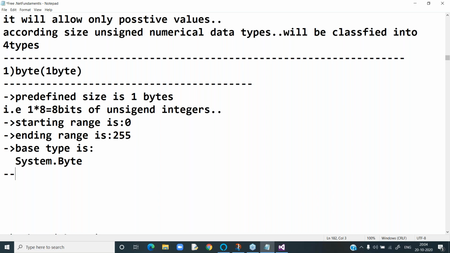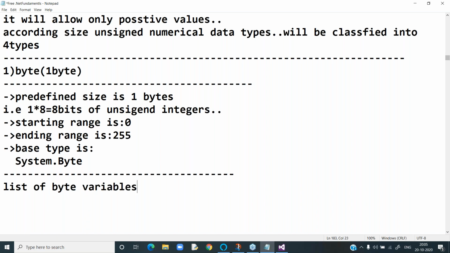So the next example is a list of byte variables. We'll see the valid and invalid variables.